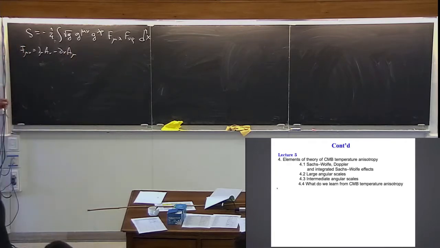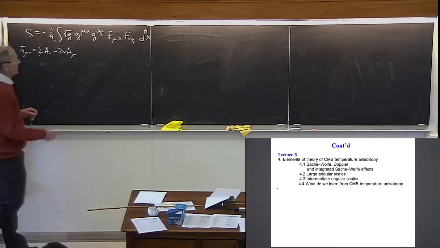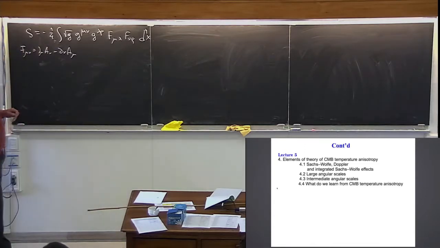This is, in fact, a covariant quantity because it's a two-form. It's a covariant quantity. It's a tensor.